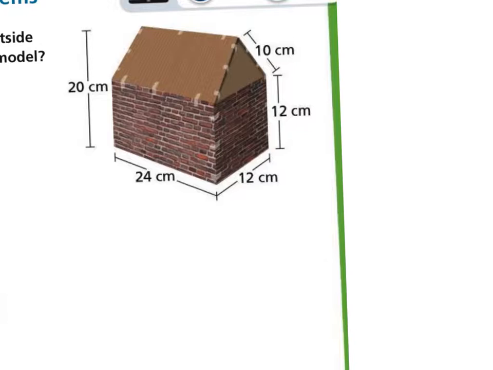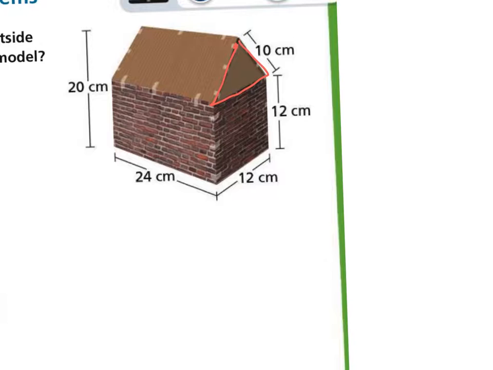So what we're doing, we're going to split this up into some different sections. What kind of shapes do we have on this figure? We have two triangles on each side. Okay, we got some triangles. We've got rectangles.